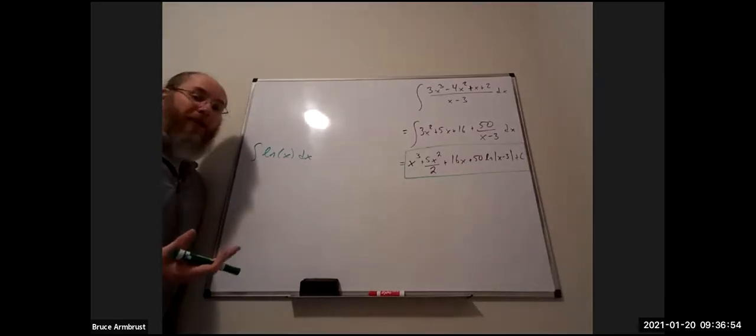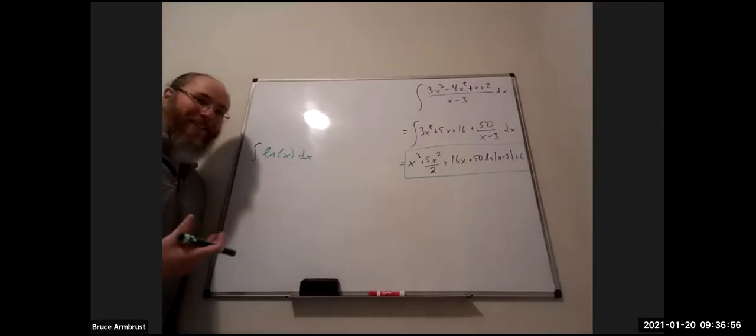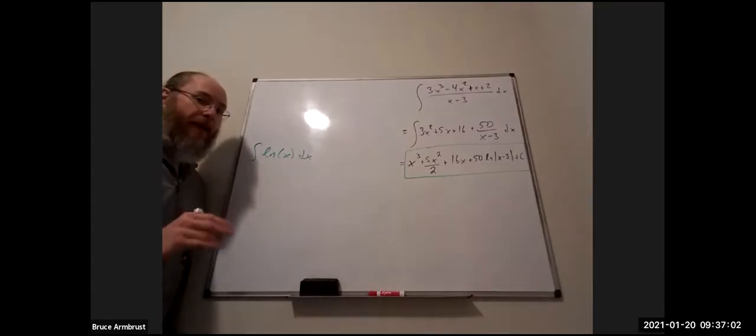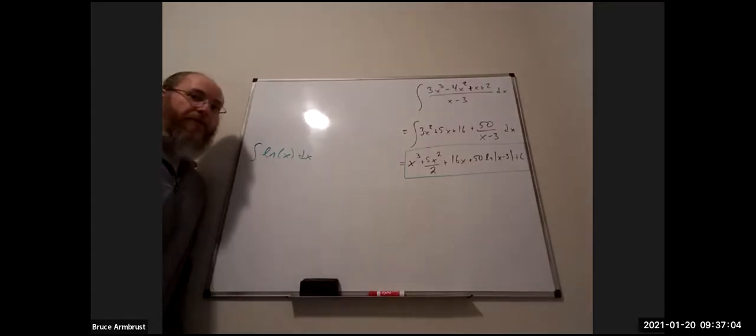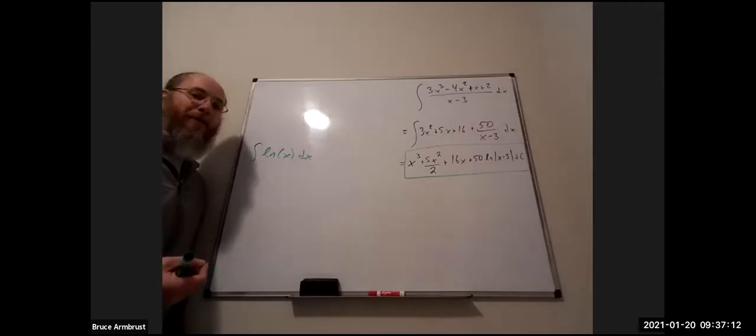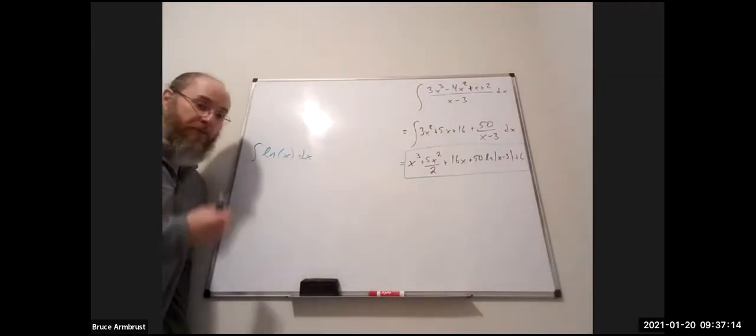I'm not going to prove it yet, because we don't have the skills yet to see where it comes from. So this is going to feel a little bit like a miracle. It's just because you haven't seen it yet, but we'll be there not too long. When we get to the technique integration by parts, I'll show you where this comes from.